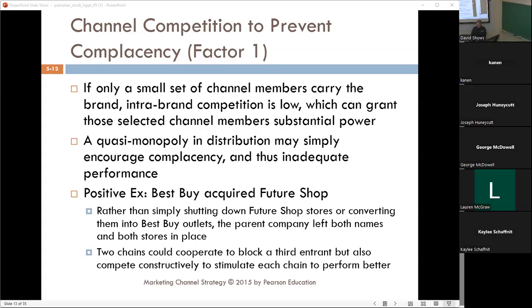And so if I only have a small set of channel members and the intra-brand competition, remember that's the same product being sold by 2 or 3 different distributors, is low, then you're granting one of those channel members or more than one of those members a very substantial power. They have control in those particular trade areas, and that might be a good thing.